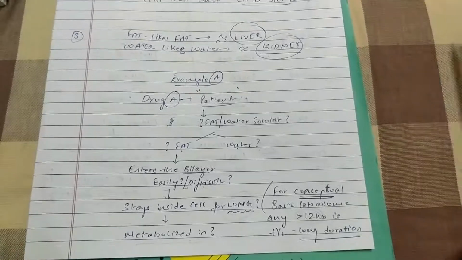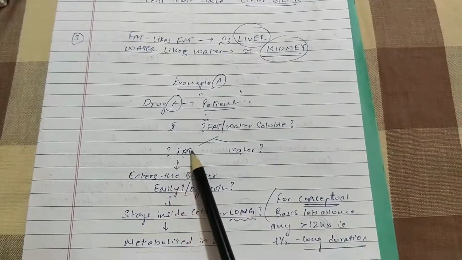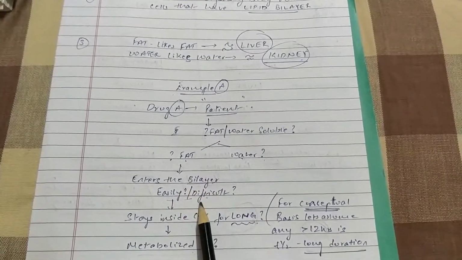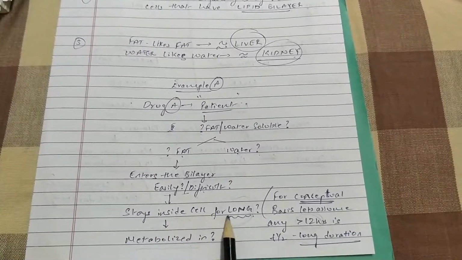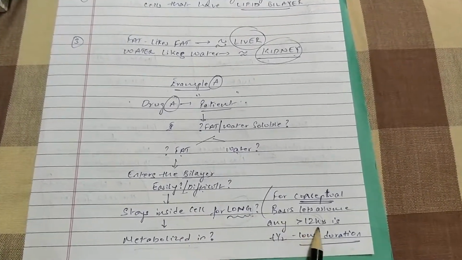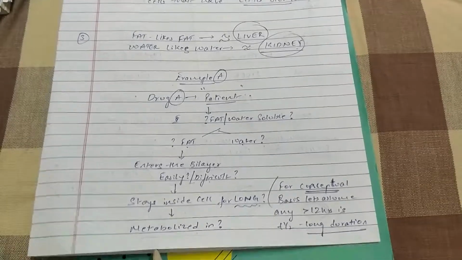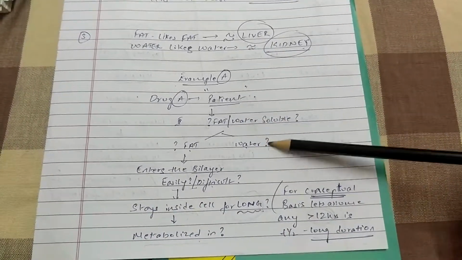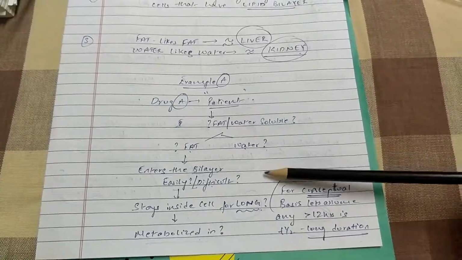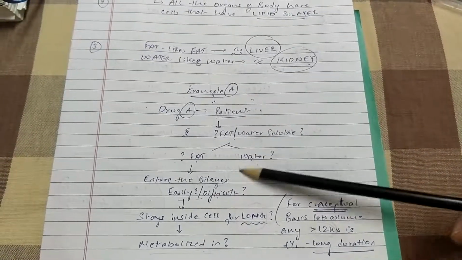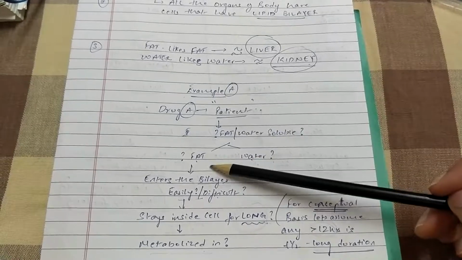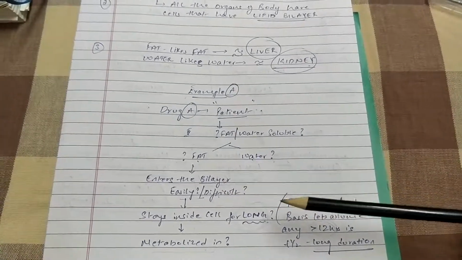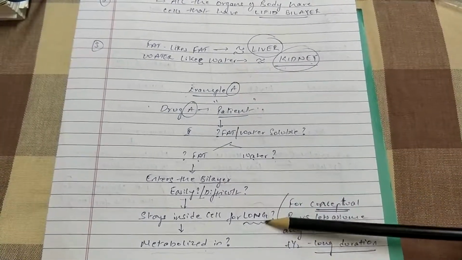So to summarize, a fat soluble drug enters the bilayer membrane easily, stays inside the cell for long, providing it a longer half-life, and gets metabolized in the liver, as we have already mentioned. Now let us put the same concept for water soluble drugs. The majority of water soluble drugs don't enter the lipid bilayer as easily as fat soluble medications, and they don't stay inside the cell for long.